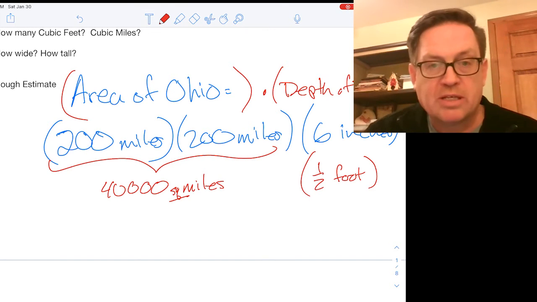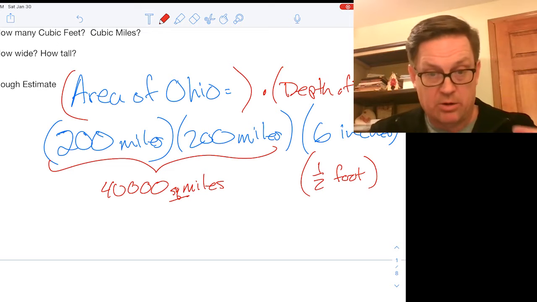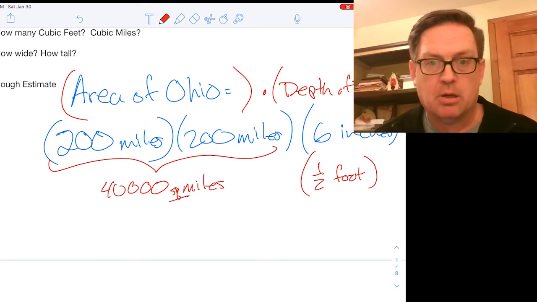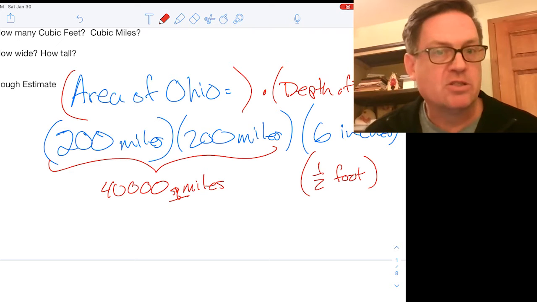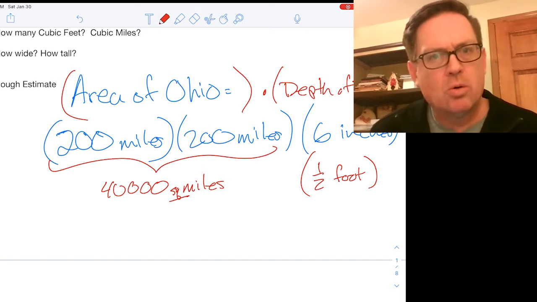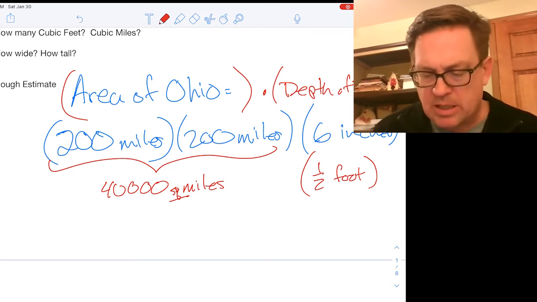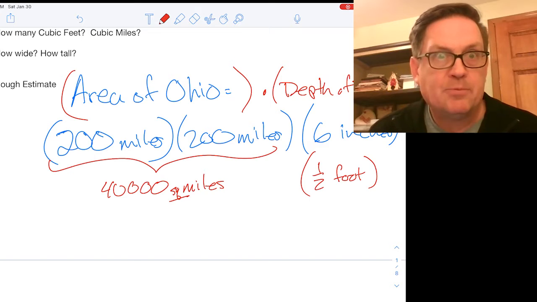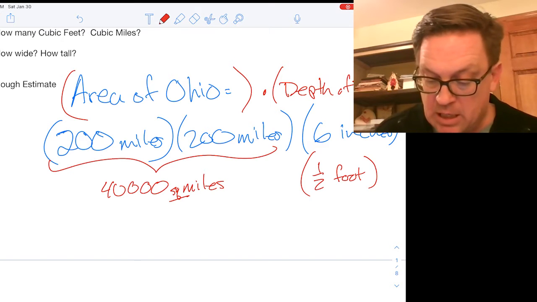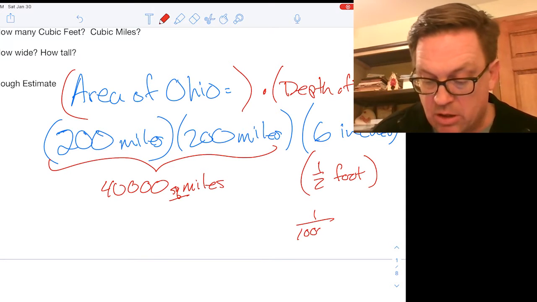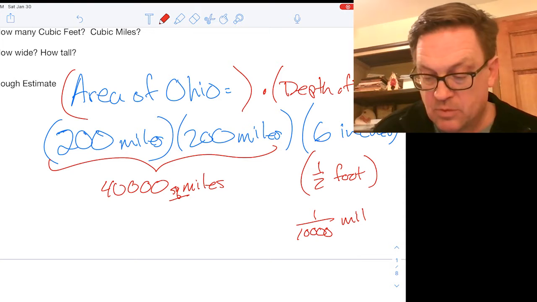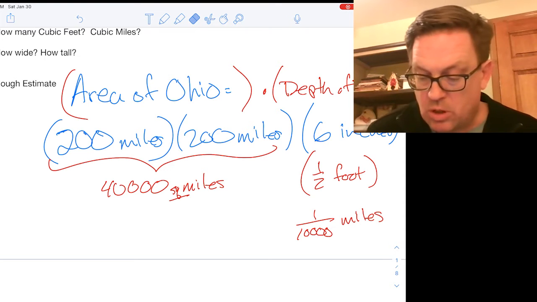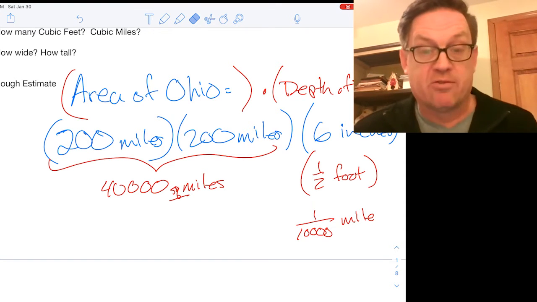So what's 40,000 square miles of area by half a foot deep? Well, how many feet are in a mile? It's 5,280 feet. So just for estimation, let's say it's 5,000. So a foot is a 5,000th of a mile.